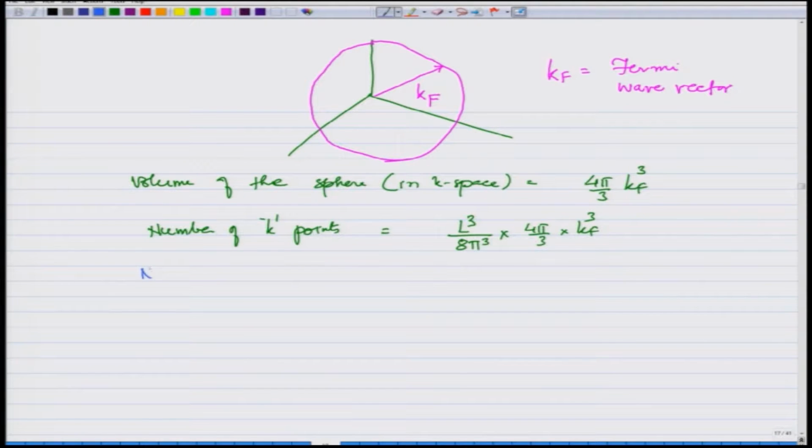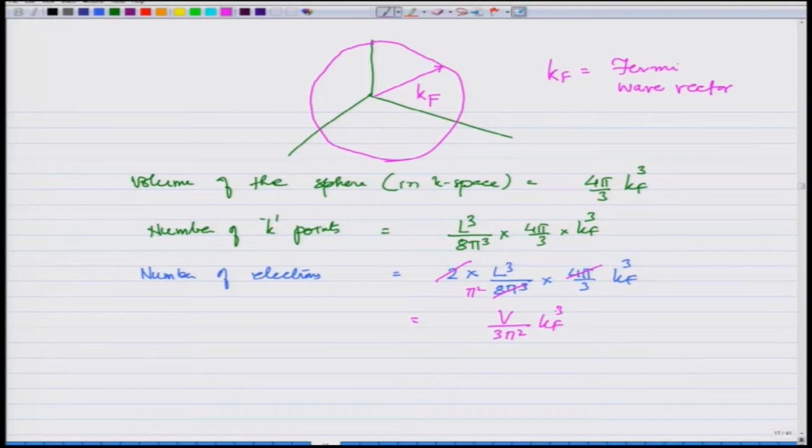So, number of electrons is going to be 2 times L cubed over 8 pi cubed times 4 pi by 3 Kf cubed. And if I cancel a few terms, 2 and 4 pi goes, this becomes pi square, I get V over 3 pi square kf cubed.